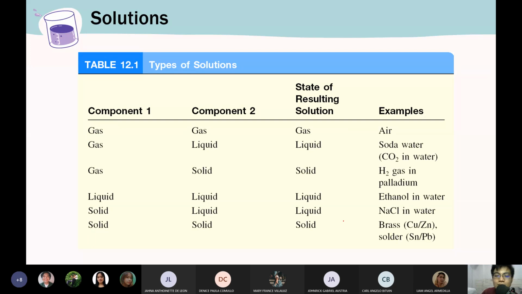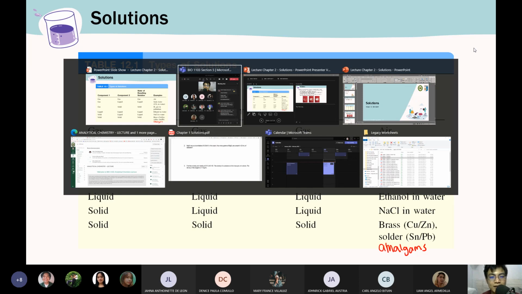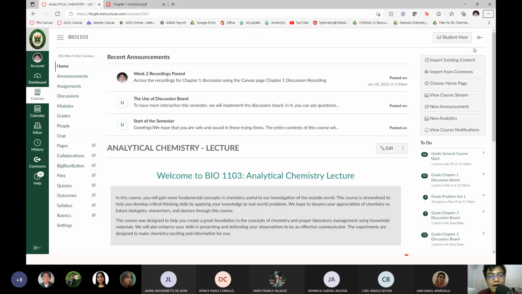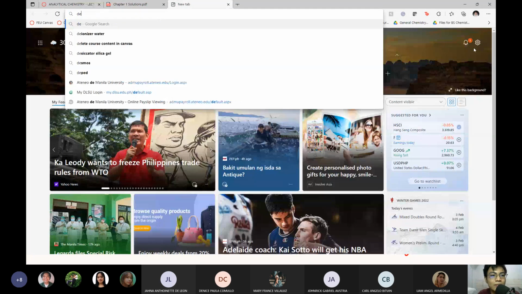When it comes to solid naman, these are some examples, the brass and the solder. Even your amalgams. Ano yung mga amalgams? Yun yung mga dental filling, like lalagyan mo ng gold, yung mercury, and then yun yung ilalagay sa ngipin. Dati kasi, yung form ng pasta ay maglalagay ka ng dental amalgam.